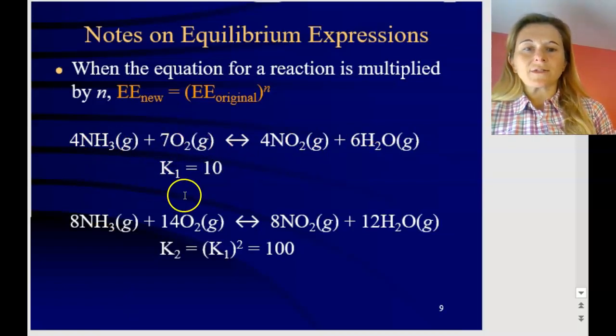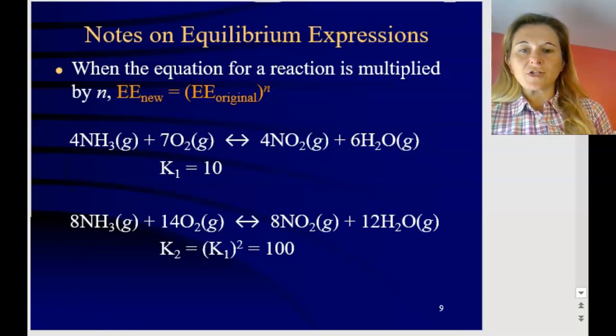The equilibrium constant is still 10, but let's say we need to double everything. Notice the relationship between our first equation and our second equation is everything is multiplied by 2.